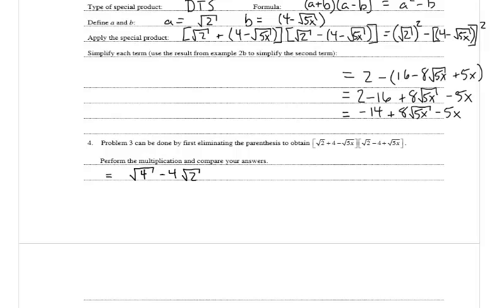And the square root of 2 times the square root of 5x is the square root of 10x, plus 4 times the square root of 2 is 4 square root of 2. And then we have 4 times negative 4 is negative 16. And then we have 4 times the square root of 5x gives us 4 square root of 5x.